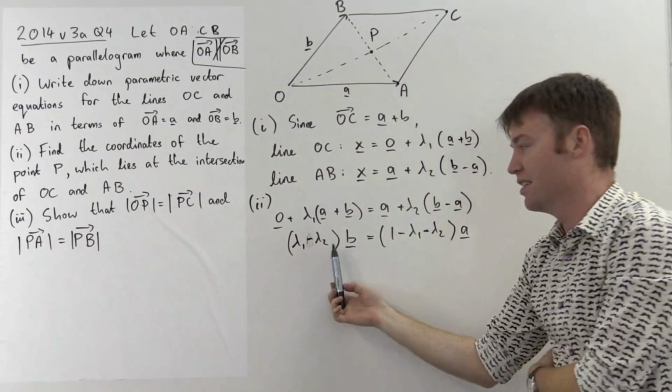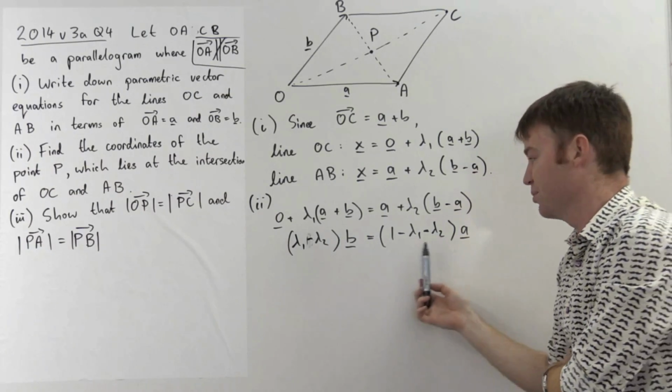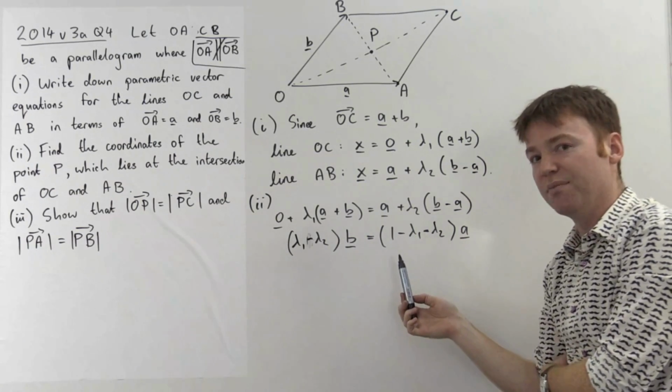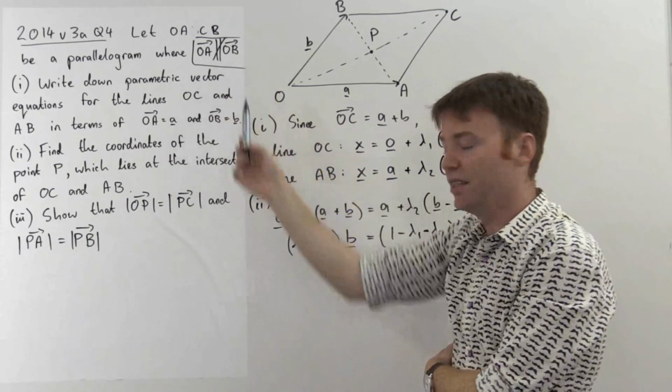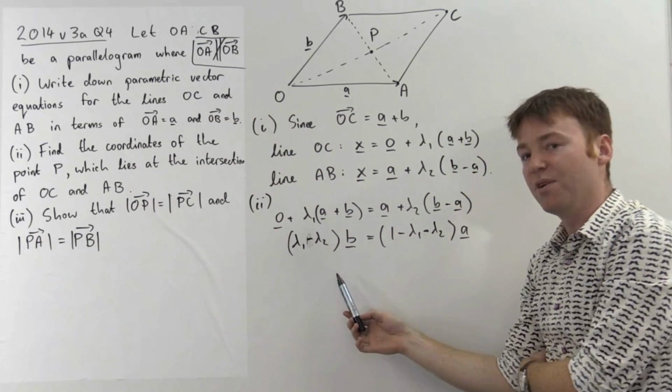What this is saying is that a multiple of B is equal to a multiple of A. But A and B aren't multiples of each other by this property. And the only way I can then make this work is if this is 0.